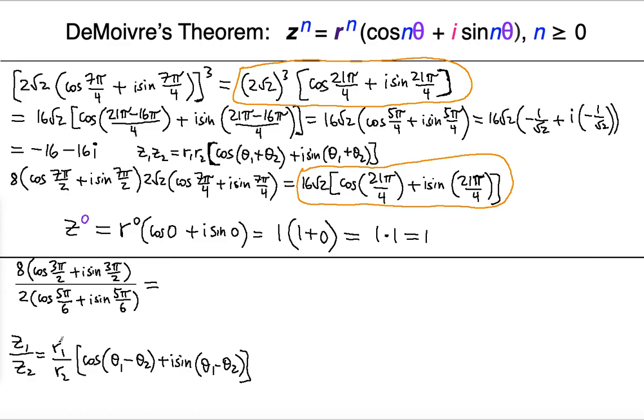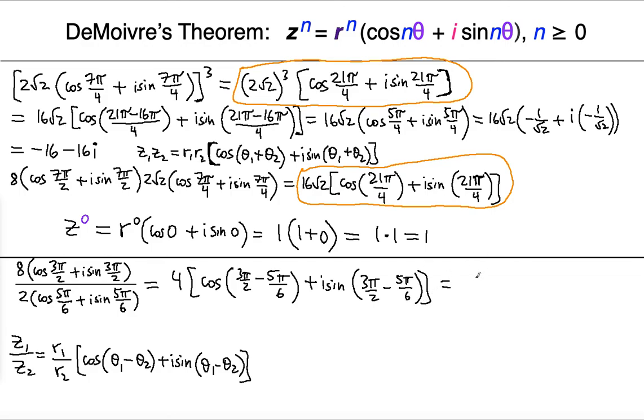So as a result, R1 divided by R2, the quotient of their respective moduli, is 4. So this is going to be 4. Now we're going to have cosine of the first argument minus the second one, so 3 pi over 2 minus 5 pi over 6, and then plus I sine of the same difference, 3 pi over 2 minus 5 pi over 6.